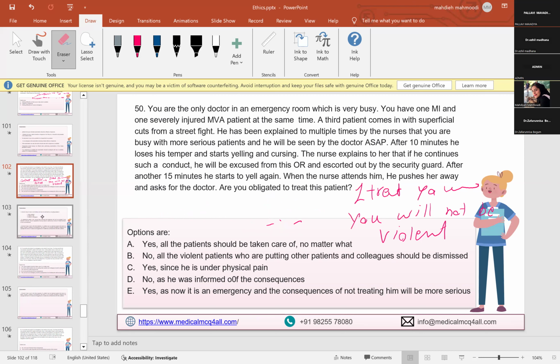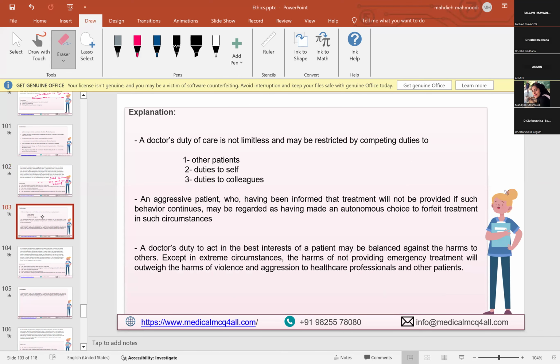Very good. So here's the thing. A doctor's duty of care is not limitless. You have duties to other patients, you have duties to yourself, and you have duties to colleagues. An aggressive patient who has been informed that he will not be provided care, and the patient made the choice to continue, that was the autonomous choice. So done.